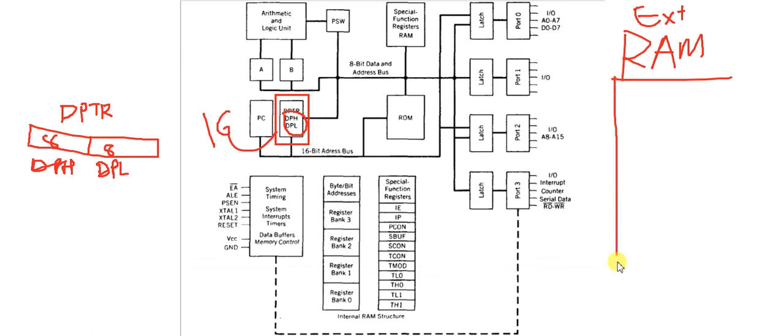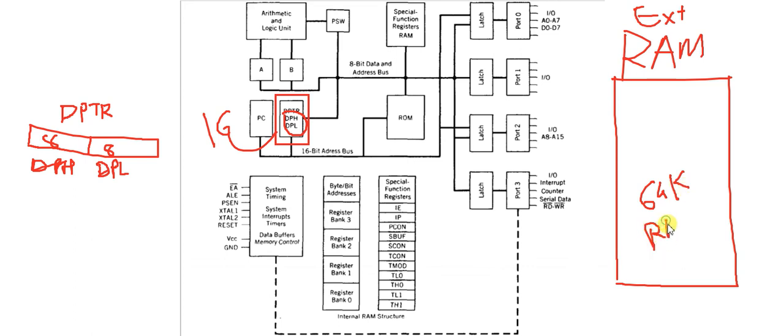So in case of 8051, we can connect a whole 64K of RAM outside the microcontroller if we need. So in case of RAM, the internal 128 bytes of RAM is already there in the chip, plus 64K of RAM outside the microcontroller.